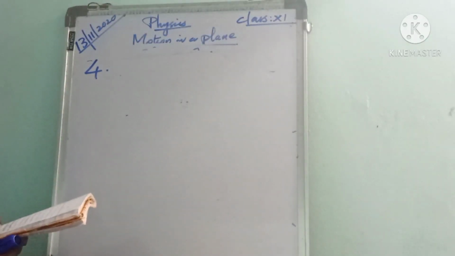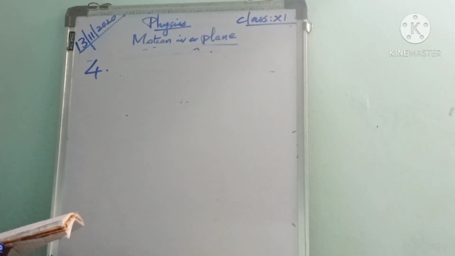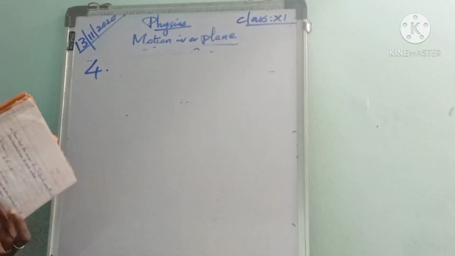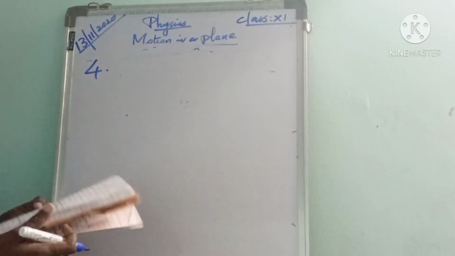The fourth question is, a force F equal to 4i plus j plus 3k Newton acts on a particle and displaces it through a displacement S given as 11i plus 11j plus 15k. Calculate the work done by the force. We have to find the work done by the force.